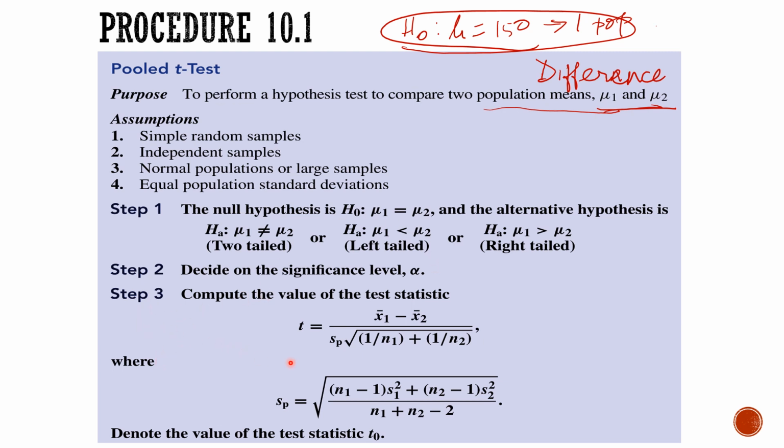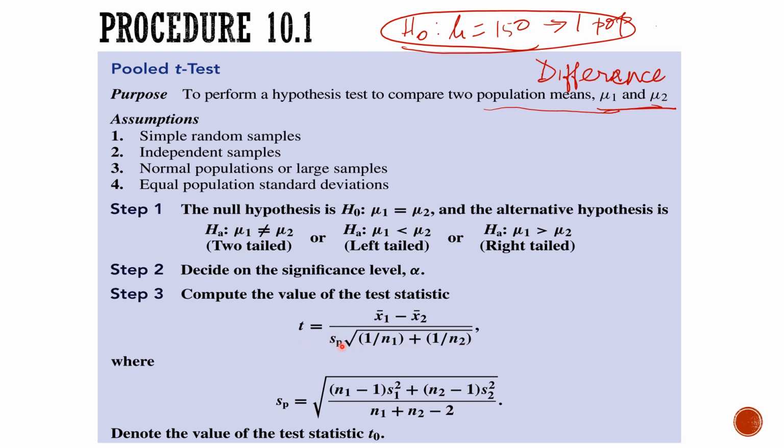Then step 3, we compute the value of the test statistic, which is t, using this formula. Again, x bar sub 1 minus x bar sub 2 divided by s sub p times the square root of 1 divided by n1 plus 1 divided by n2.